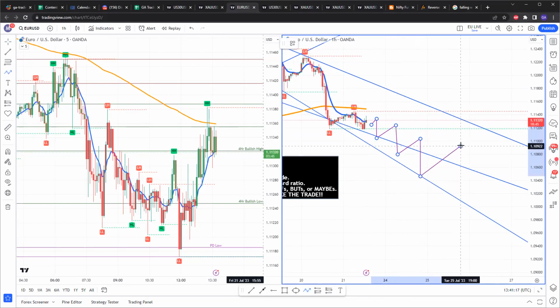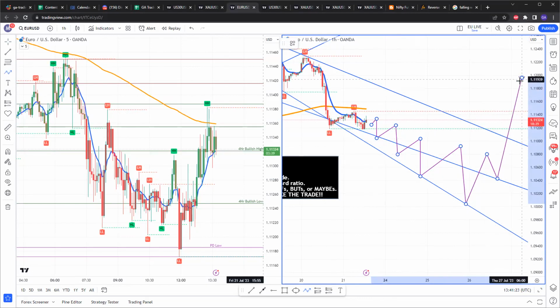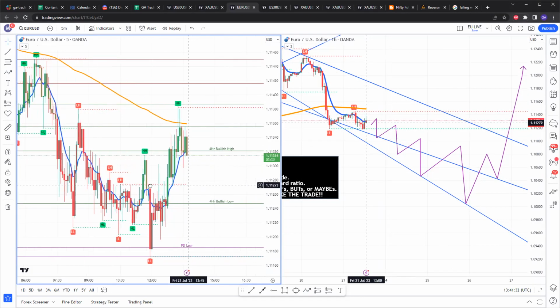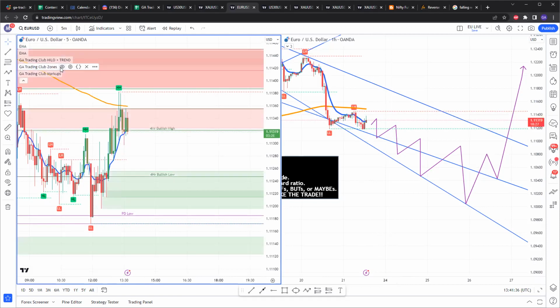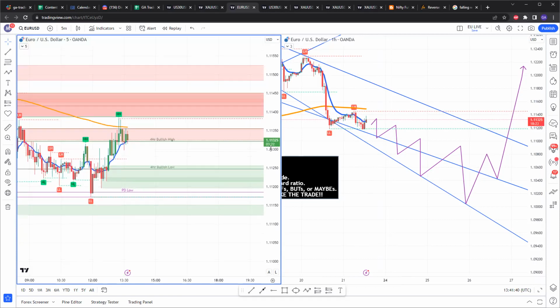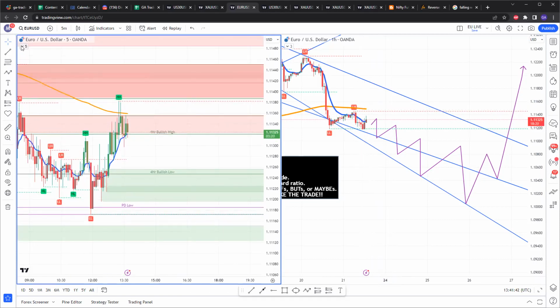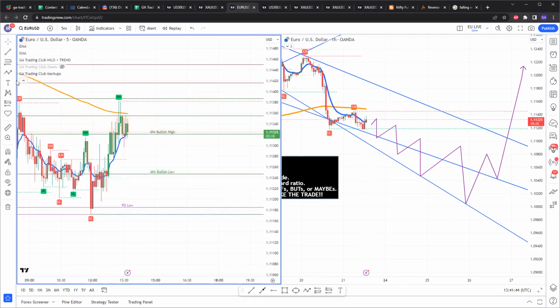So if this is the case, and since EU is correlated with gold, gold may possibly shift to the downside. But anyway, I've definitely seen this pattern before on EU, and I do expect EU to push to the downside. As much as we do have a 4-hour bullish high and low here, based off of experience, I do expect EU to push to the downside.